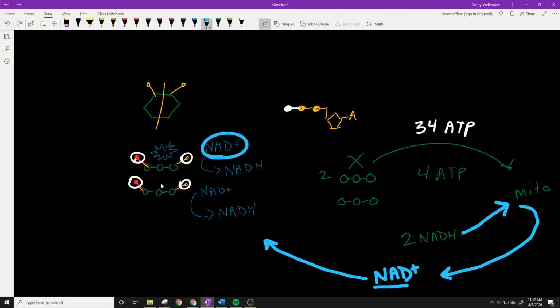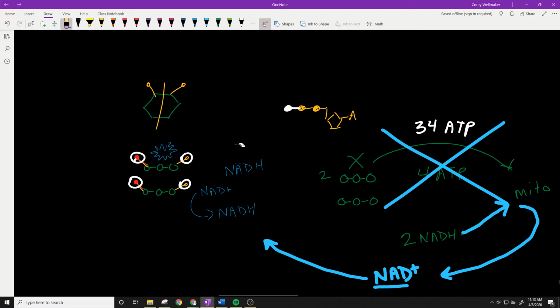And so fermentation is a way to ensure that if this stuff over here is not happening, at least glycolysis can continue. What happens in fermentation is, in order to not run out of NAD+, the NADH is just going to dump its electrons onto pyruvate.